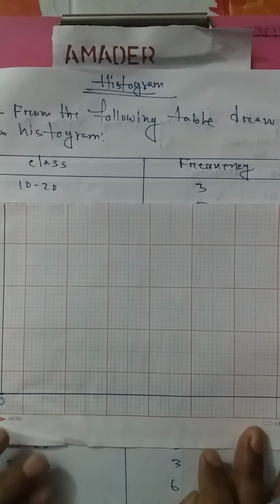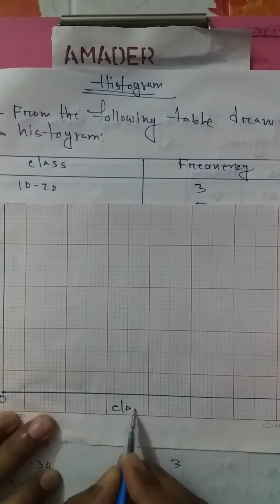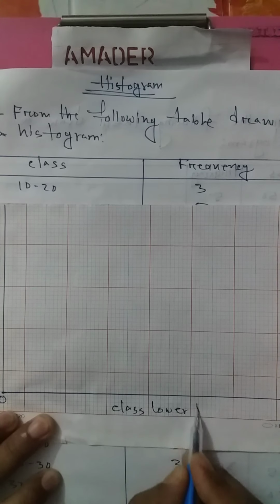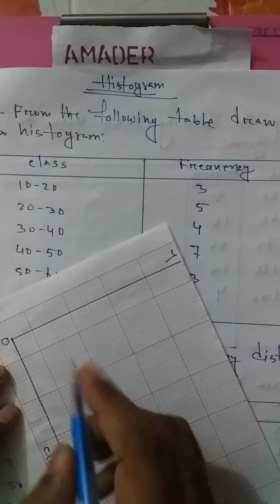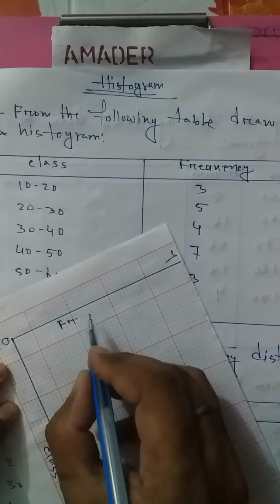The x-axis is horizontal, the y-axis is the vertical axis. The x-axis indicates the class lower limit. This is the first rule: class lower limit. And the y-axis indicates class frequency. Only frequency you can write.